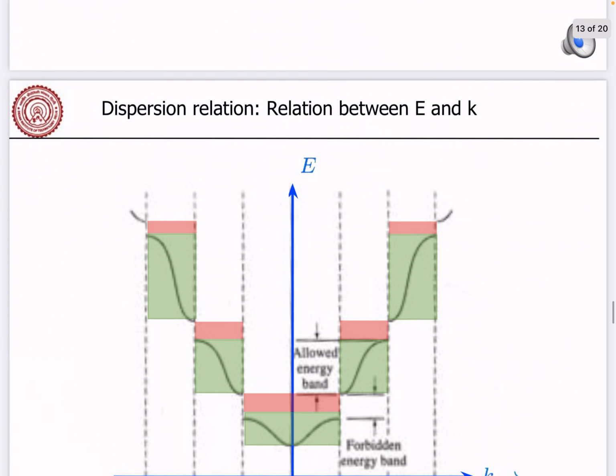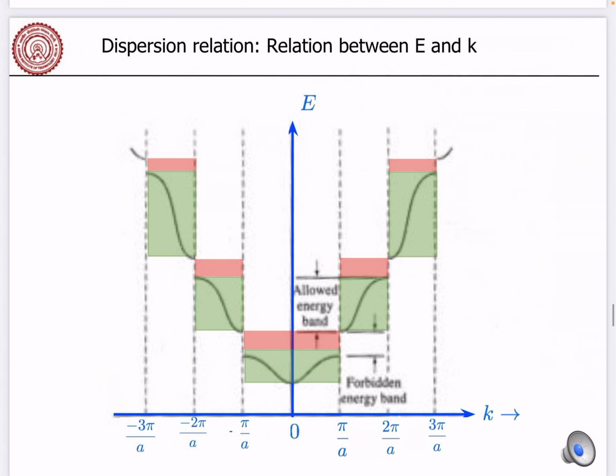Now, from whatever we have studied, let me show you an E versus k diagram, how it looks like here. The x axis is the k, and this is again the one dimensional case; the y axis is the E axis, the energy axis. If you plot this, as you have seen, there is an allowed band, and between two allowed bands there is a forbidden band.